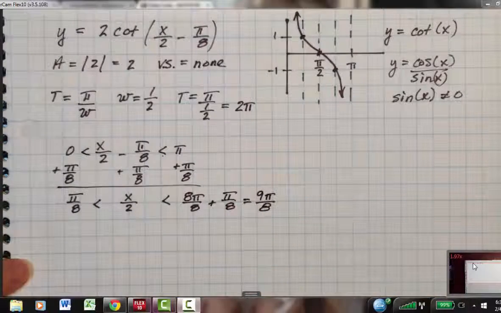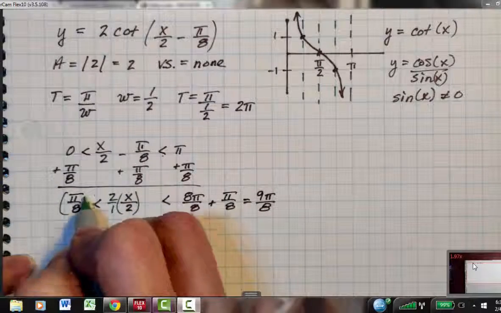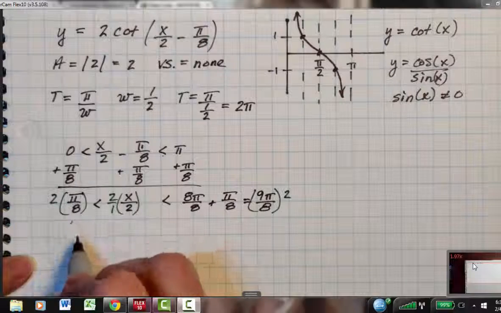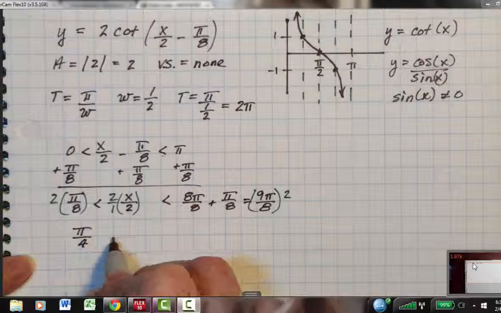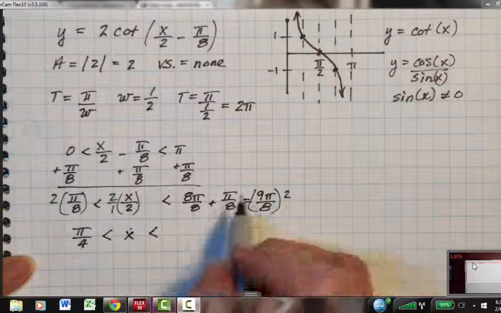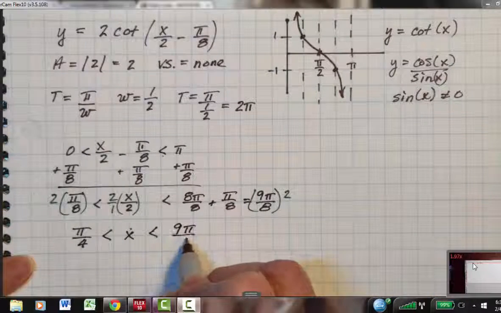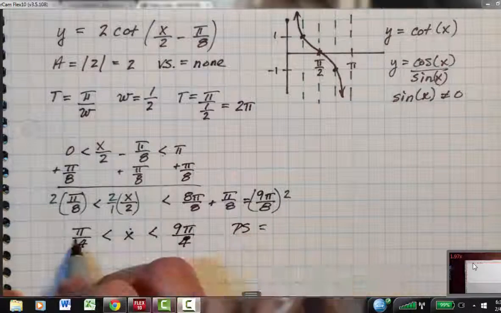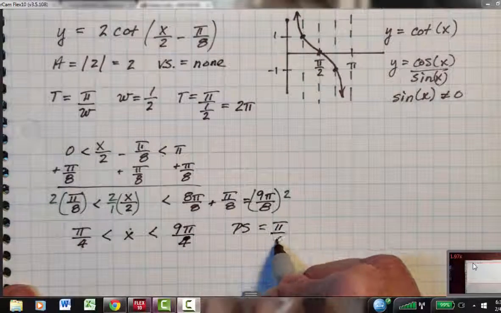Then I'm going to multiply everything by 2. And when I do that, my final answer then becomes pi over 4 is less than x, which is less than 9 pi over 4. So then that means that my phase shift is pi over 4 in the positive direction.